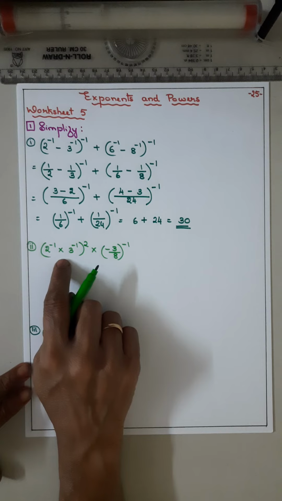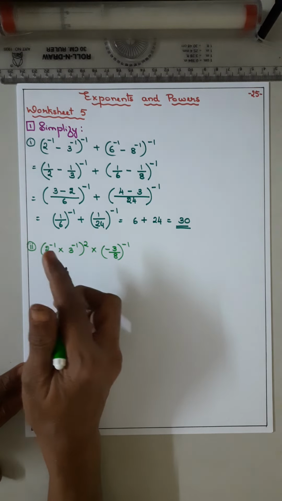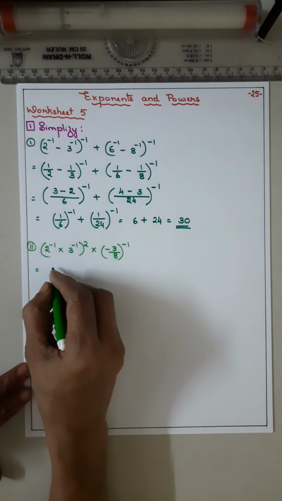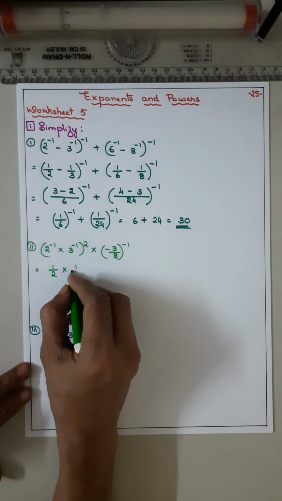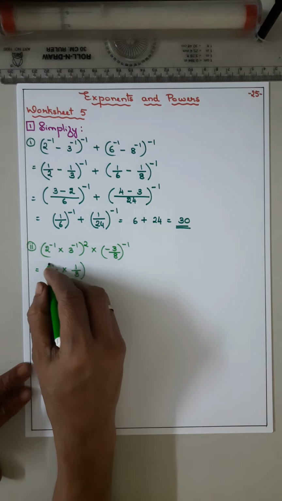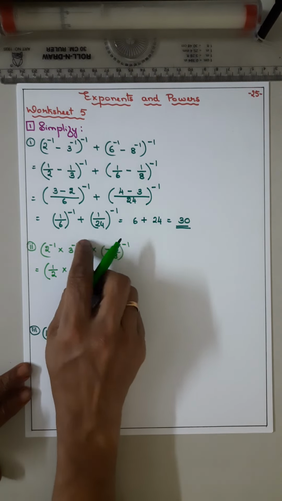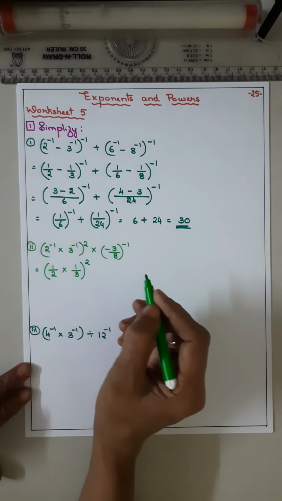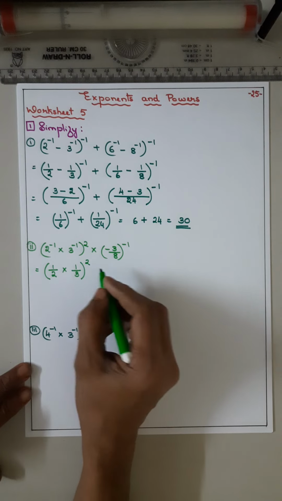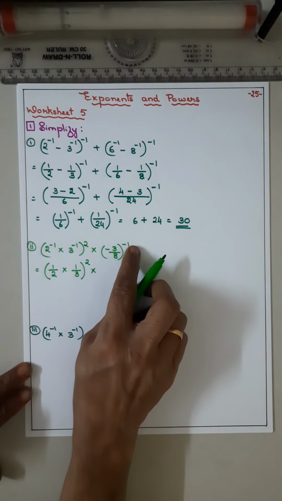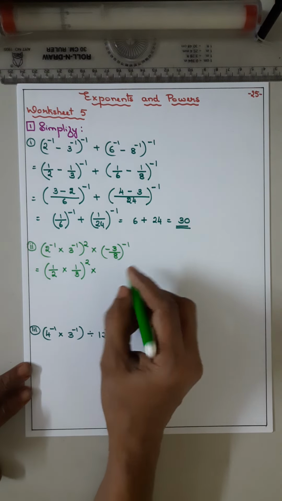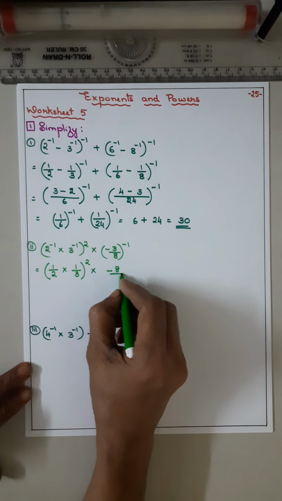Now 2 to the power minus 1 becomes how much? 1 by 2, into 3 to the power minus 1 becomes 1 by 3, isn't it? The whole raised to 2, into, now it is a negative power, so we have to do the reciprocal, so it becomes minus 8 by 3.